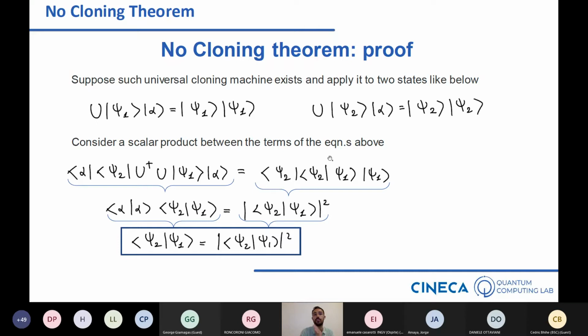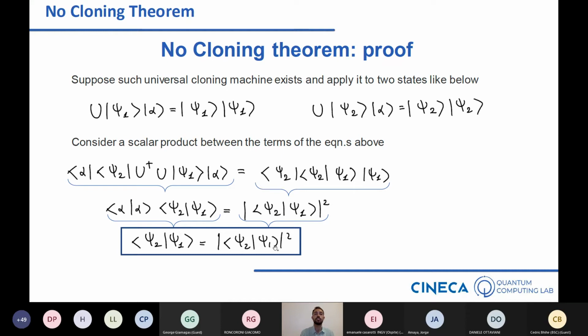While on the right-hand side, you get the scalar product two times, which means it is the modulus square of psi2, psi1. Since the scalar product of a vector with itself is 1, we can eliminate alpha. We are left with this equation here.